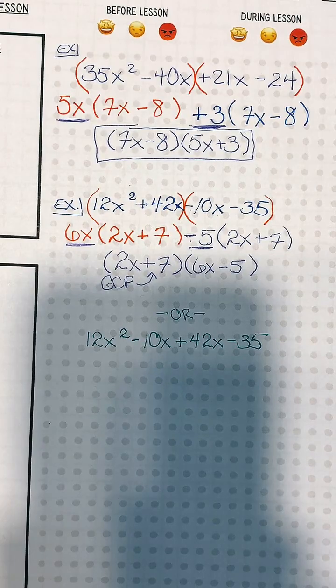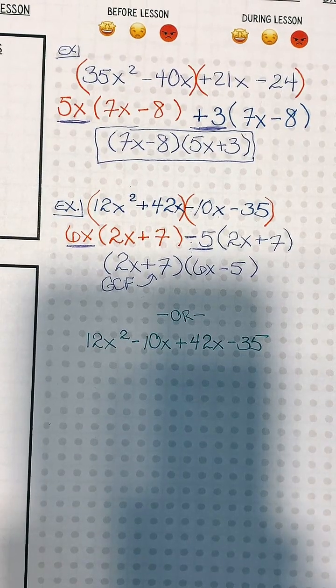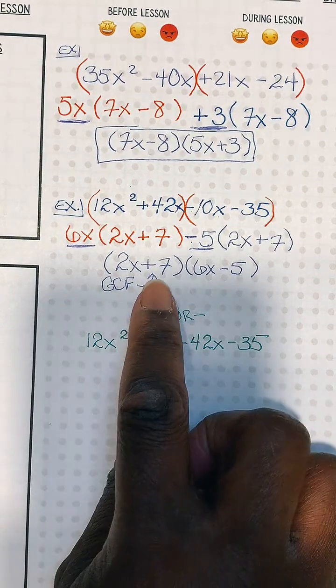All right. Let me see. Okay. At the end. At the end. What's going on with the 2x plus 7? Okay, at the end.